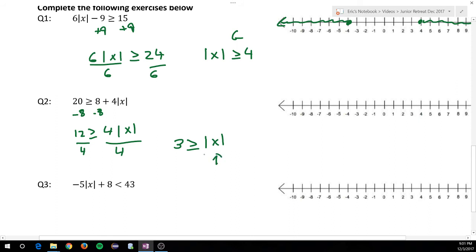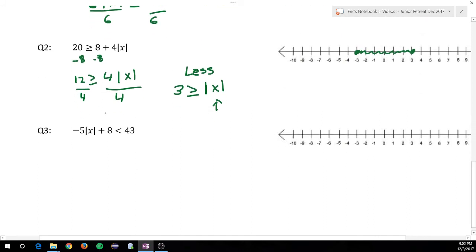Is the inequality trying to eat the absolute value, or is it not? It is not. So this is a less than example. Still filled in dot. Okay, so I have to be less than 3 away from 0. So I would fill in between.